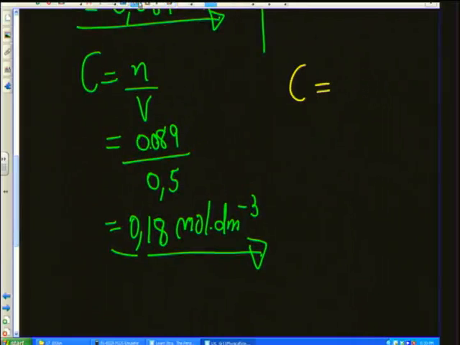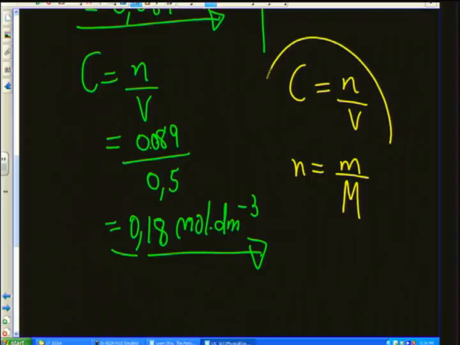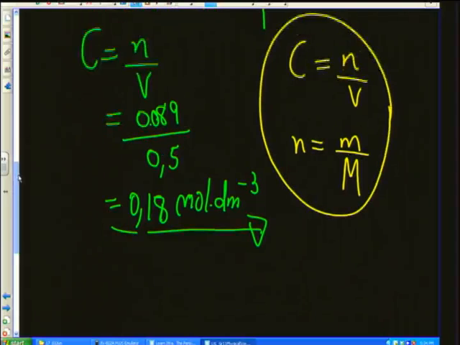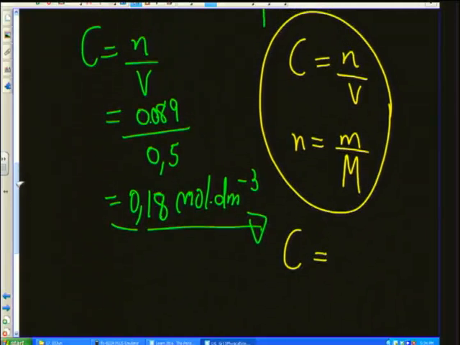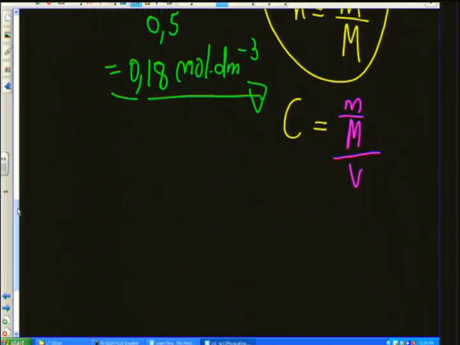If I have concentration as number of moles over volume, and number of moles in this case is mass over molar mass, if I put these two equations together, I have C equals N over V, where N is M over M, all over volume. So what you have here finally is M over M divided by volume over 1.